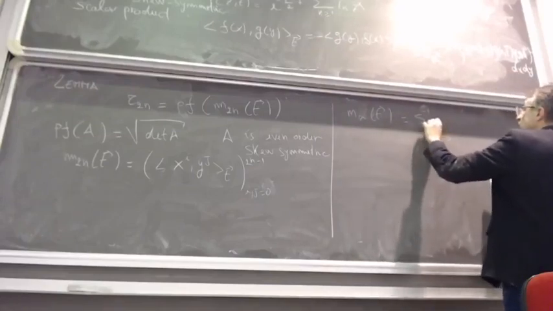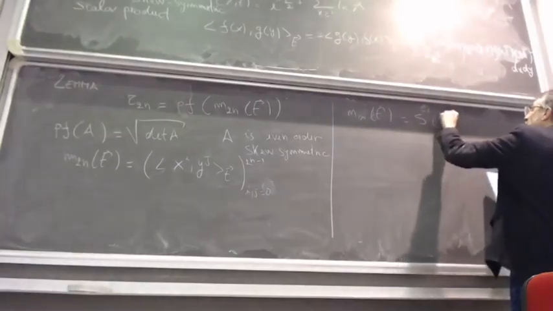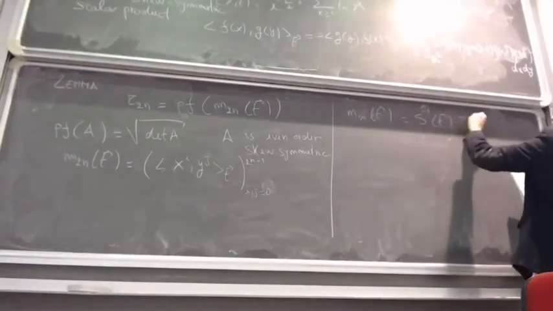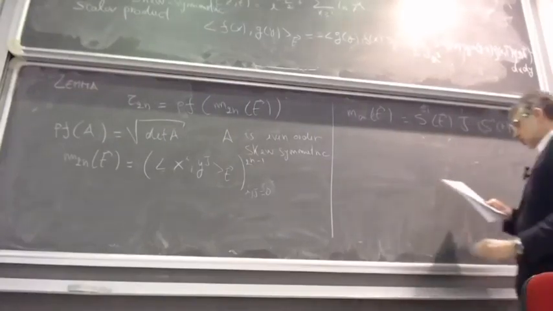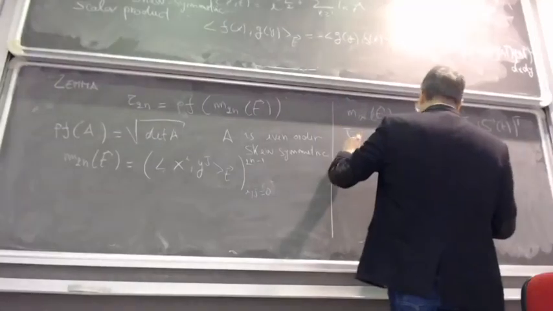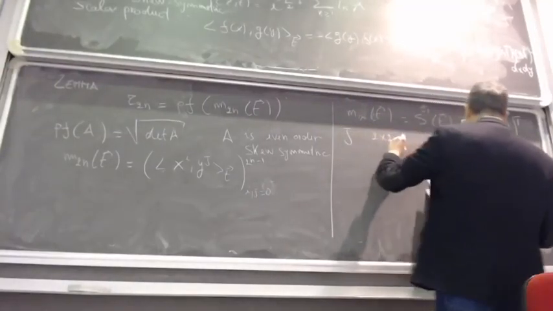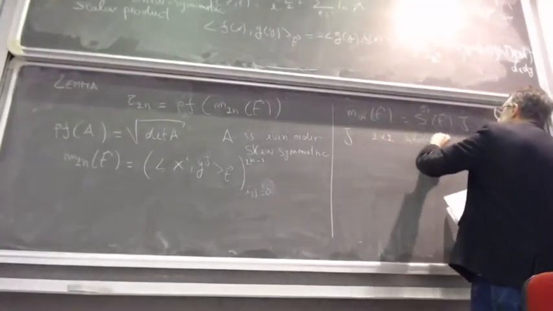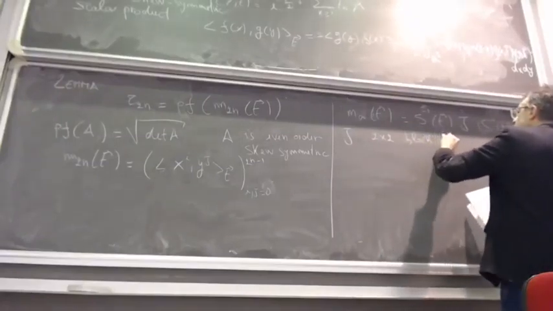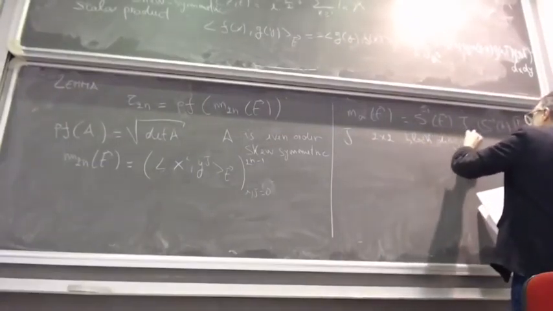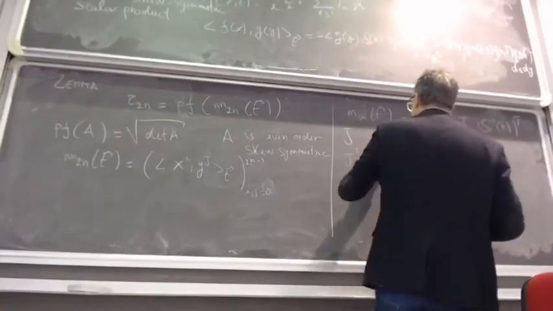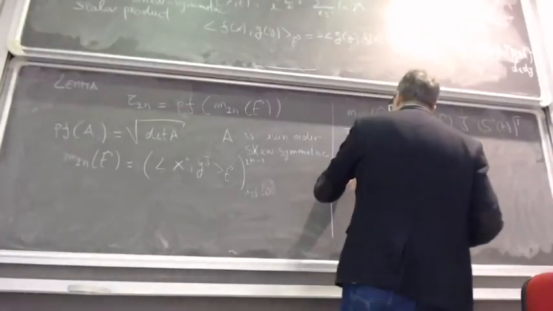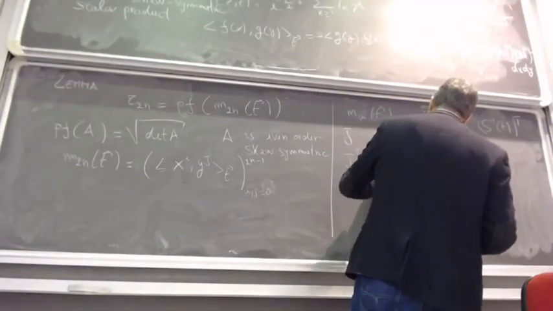We consider the factorization S to the minus 1 times J times S to the minus 1 transposed, where J is 2 by 2 block diagonal, such that the transposition of J is minus J, and J squared is minus the identity.